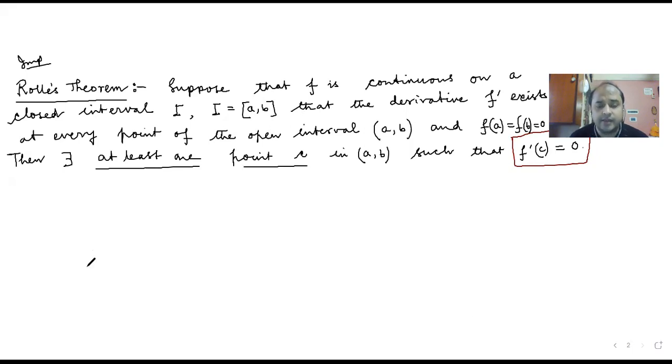Nowadays we have mathematical software to study a function, the nature of the curve, etc. But previously, the people in Newtonian time didn't have any software, they didn't know about computers.